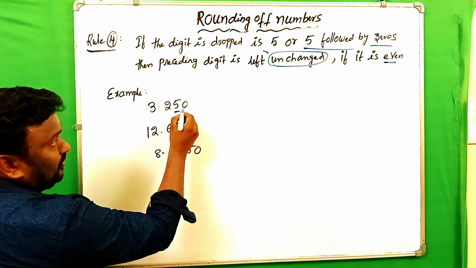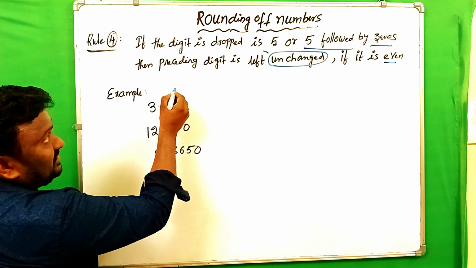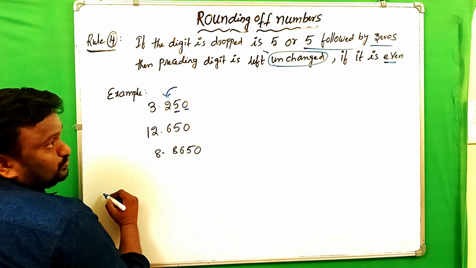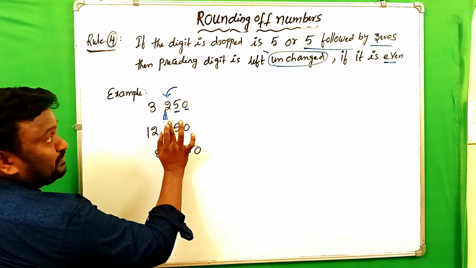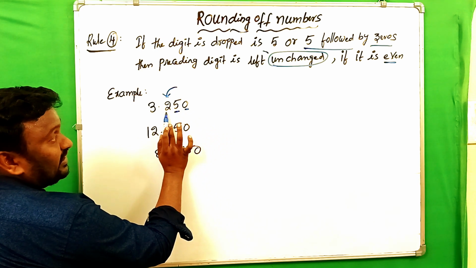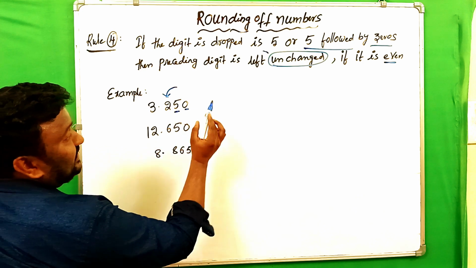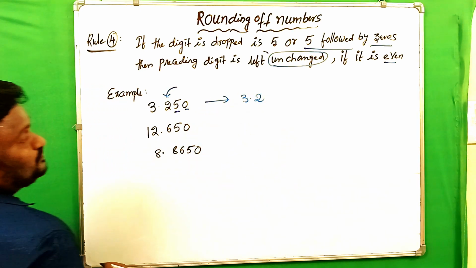Here 5 is followed by 0, then the preceding number is 2. When 5 is followed by 0, we have to check whether the preceding number is even or odd. It is an even number, that's why there is no modification to it. Simply we have to write 3.2.